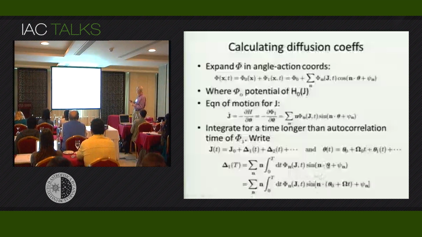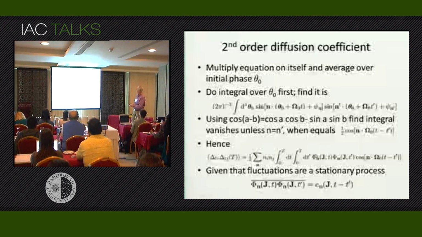All right? And we can do that integral because in theta, we're working to first order. This is already a first order quantity because phi n is a first order animal. So in here, we can put in the 0th order value for theta, which is just the linear increase with time, and that brings us down to here. So this is our first order expression for the change in the action that the fluctuation will induce at time t.